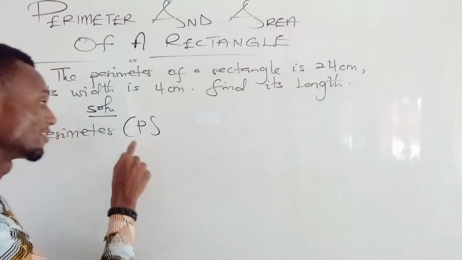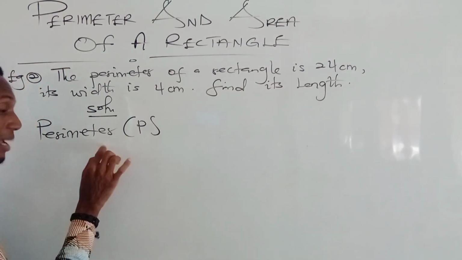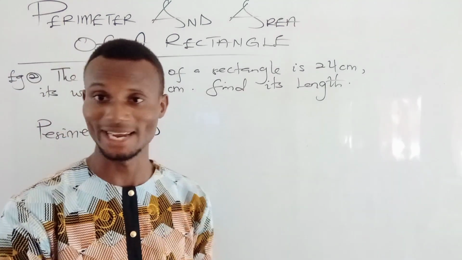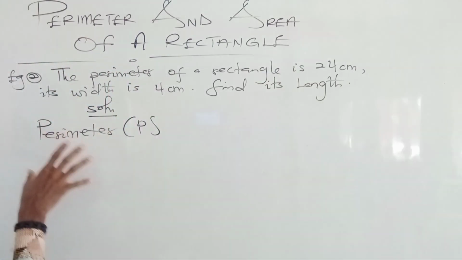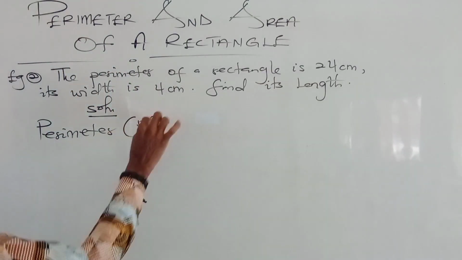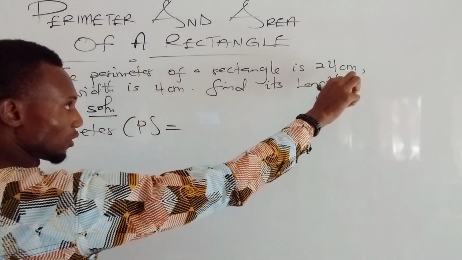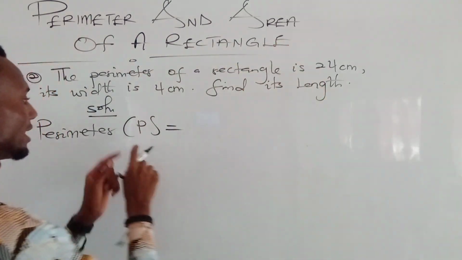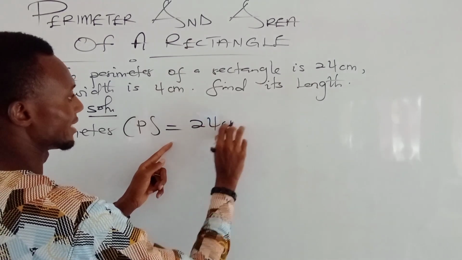In that way, you are defining the P that you are using, which means the perimeter, so that the person marking or looking at your work can easily understand what you are doing. Now you write your perimeter, P in brackets, equals to, because 'is' means equal to. It says the perimeter of a rectangle is, meaning that the perimeter is equal to 24 centimeters.